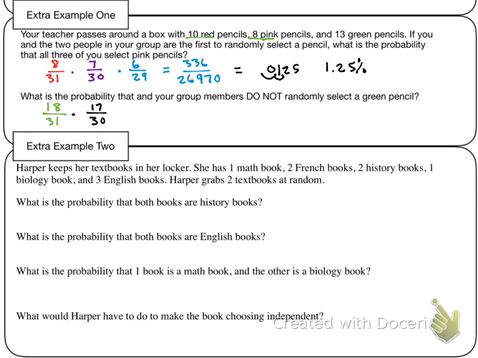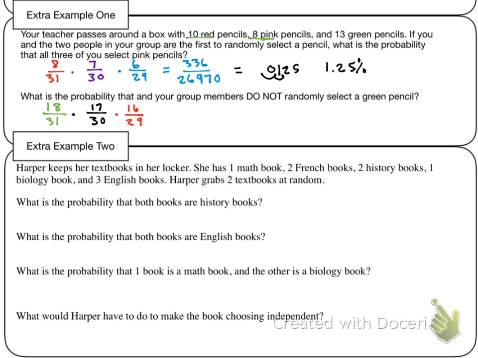And now for the third person, we want to do the same thing. So now for them, if they choose out of the box, there's only 16 that are not green left in there. We get 1 less each time. We're looking for not green. And this is out of this time a sample space of 29.